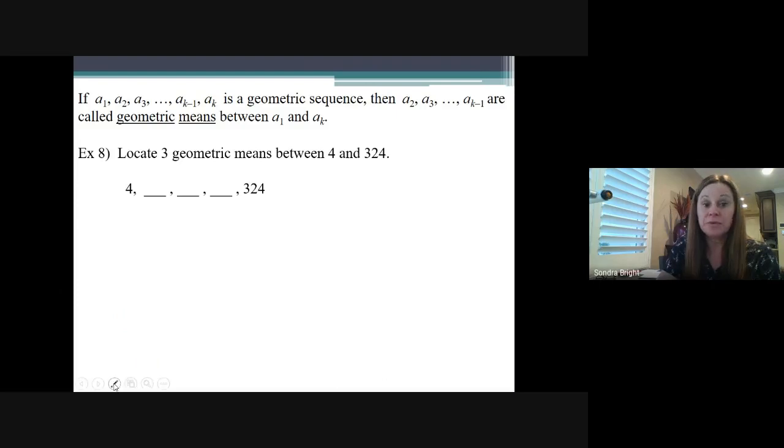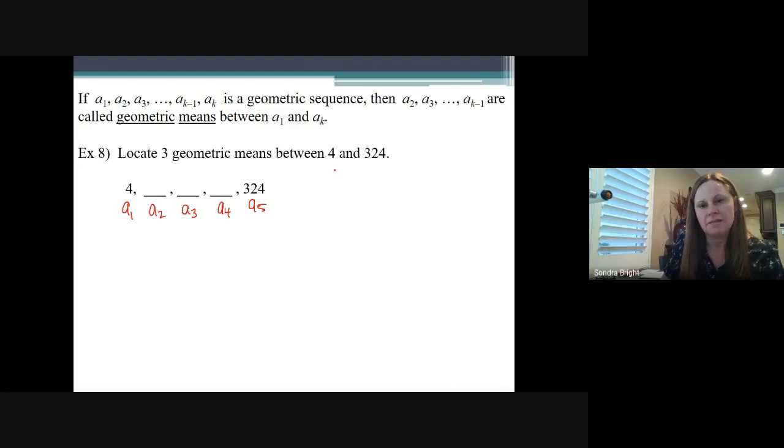You're finding 3 geometric means, so I'm going to draw 3 blanks, 1, 2, 3 for the 3 means in between, and then the 324. I'm going to show you the streamlined way of doing it again, but I hate memorizing. So this is the first term, second term, third term, fourth term, fifth term.